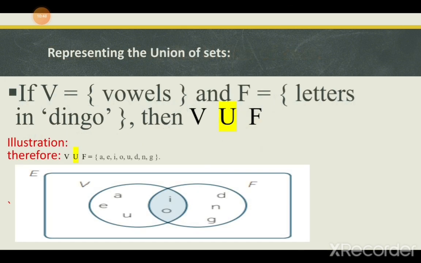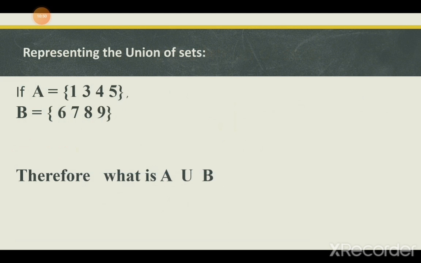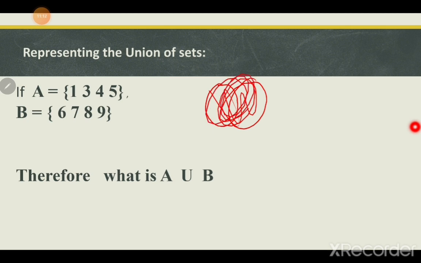Next is representing the unions of sets. So, if A is equal to 1, 3, 4, 5, and B is equal to 6, 7, 8, 9, therefore, what is the union of A and B? So, if you will represent it in a Venn diagram, wala pa silang union, di ba? Wala silang intersection dyan.